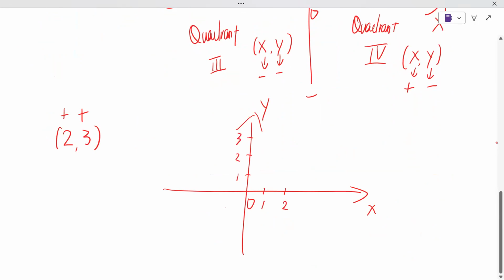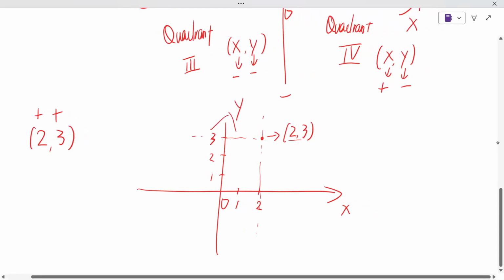These two lines intersect right here, and the intersection is the point we are looking for.